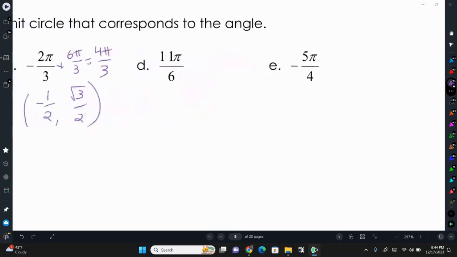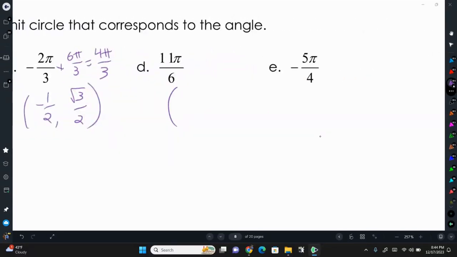11 pi over 6, that one is going to be the square root of 3 over 2, comma, negative 1/2. And then negative 5 pi over 4, again, you could add 2 pi either in your head or write it out. I tend to do that in my head. I say, okay, I know that if I add 8 pi over 4, negative 5 plus 8 is 3.